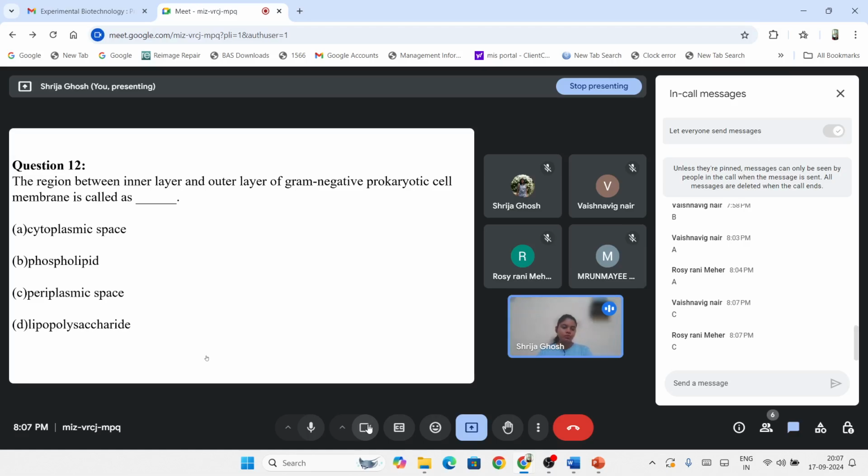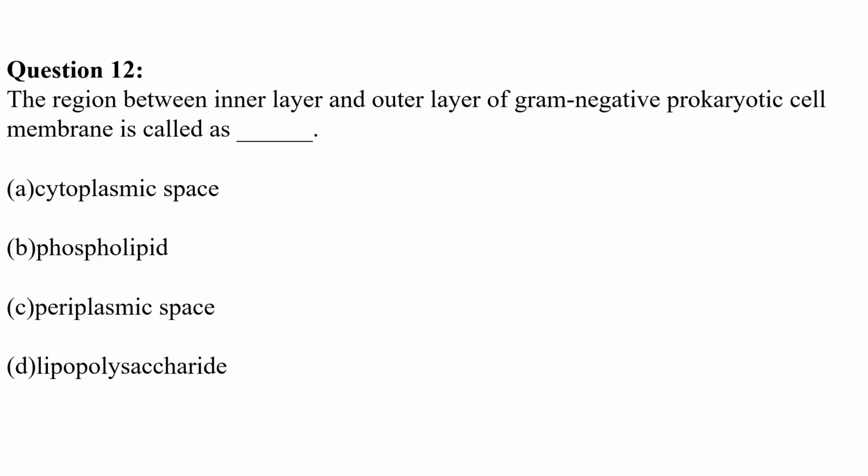We have one more answer, option C. So option C is the correct answer, periplasmic space.